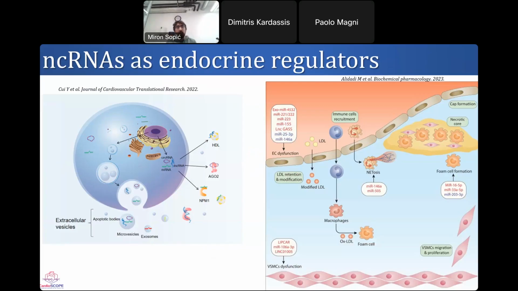Also, something that really needs to be taken into account when we consider microRNAs is a new field of research. We understand that microRNAs can also be endocrine regulators, because what we've seen so far is that different types of cells can release so-called extracellular vesicles, which can be filled with different proteins or different non-coding RNAs, mostly microRNAs, or at least they are more studied.